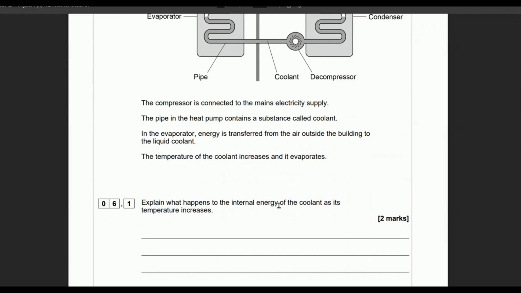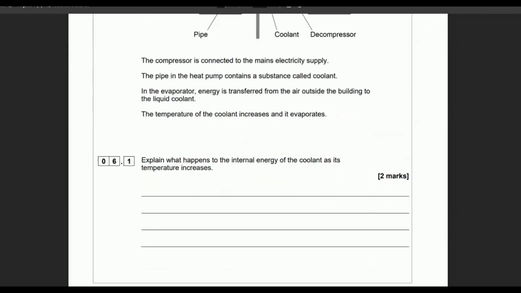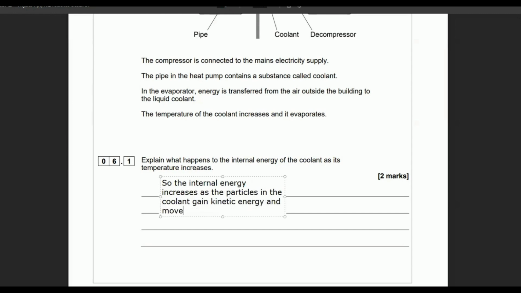Explain what happens to the internal energy of the coolant as its temperature increases. As the coolant increases in temperature, the internal energy will increase. The internal energy increases as the particles in the coolant gain kinetic energy and move faster.